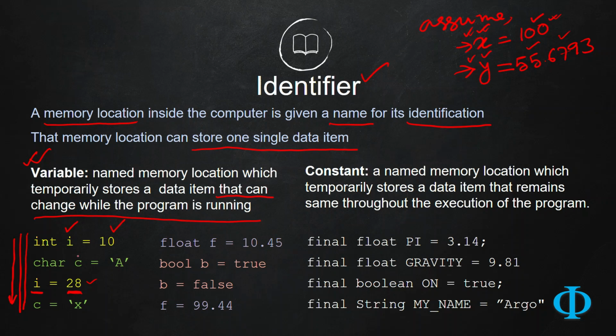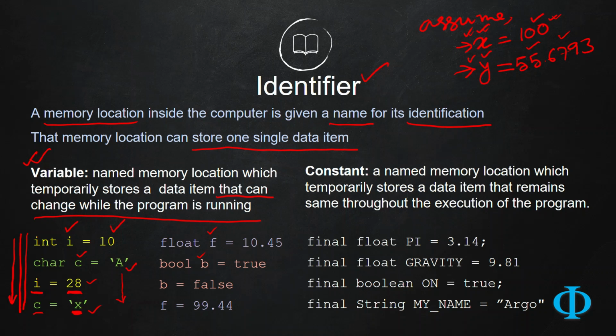Similarly, C is another variable which is basically storing a character A inside it initially, and over the course of program in this line I have changed the value of C to X in here. So similar thing happened to the variable F and B also. They all have a different initial value and I have changed it over the course of program. So that's the concept of variable. You can change it in your program.